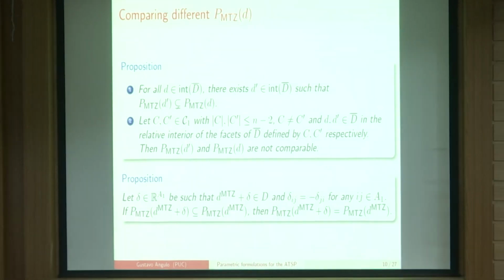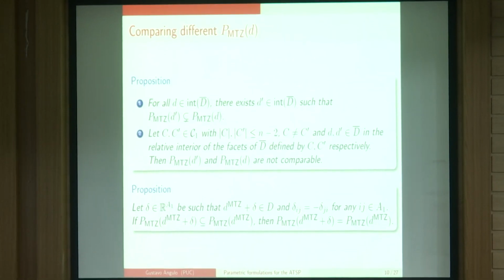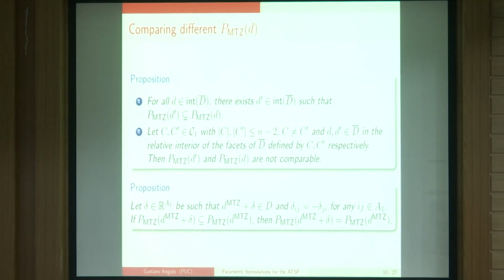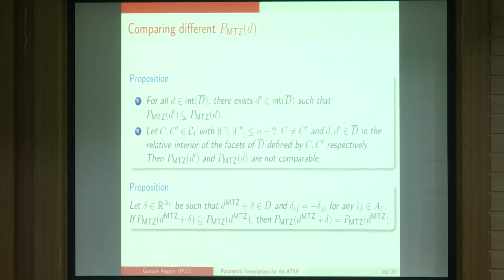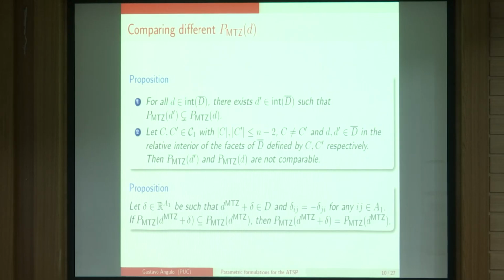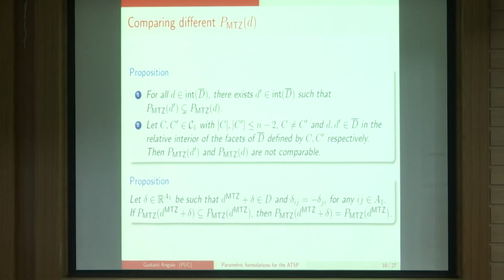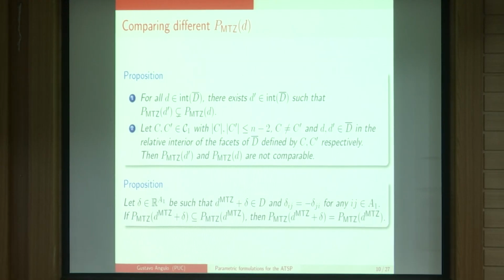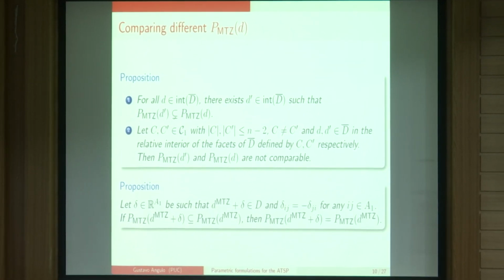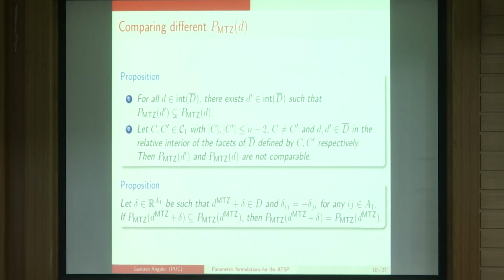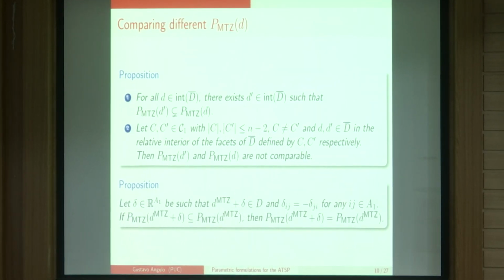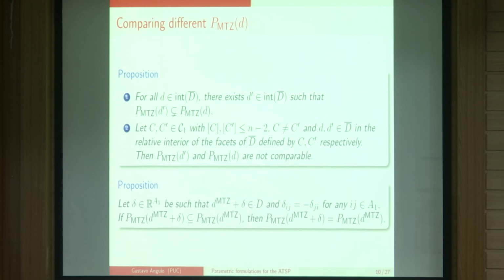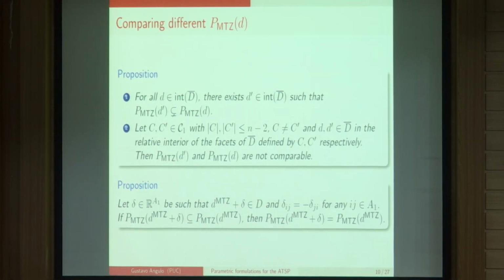Now we want to compare what happens when we pick different elements. So the first part of this proposition says that if we take D and D prime both in the interior of this set of parameters, the formulations that we get are incomparable. Okay, which is kind of interesting, because when we started this project, we thought that the classical Miller-Tucker-Zemlin formulation was the strongest, because maybe it was in the middle of this set, right?